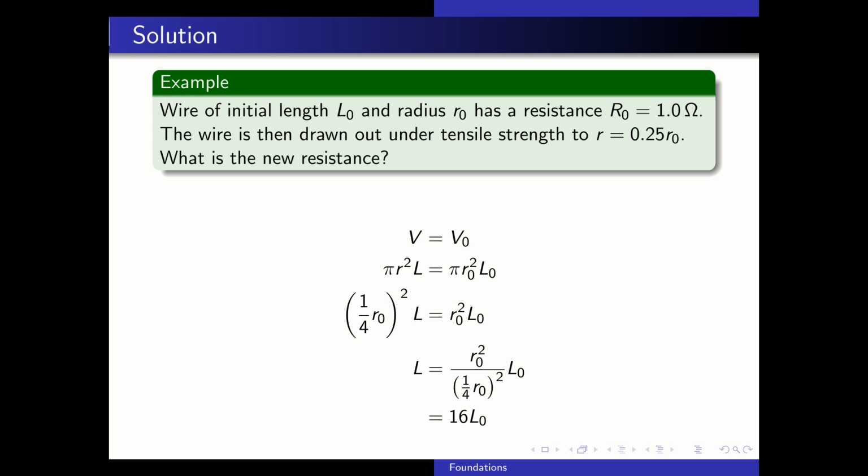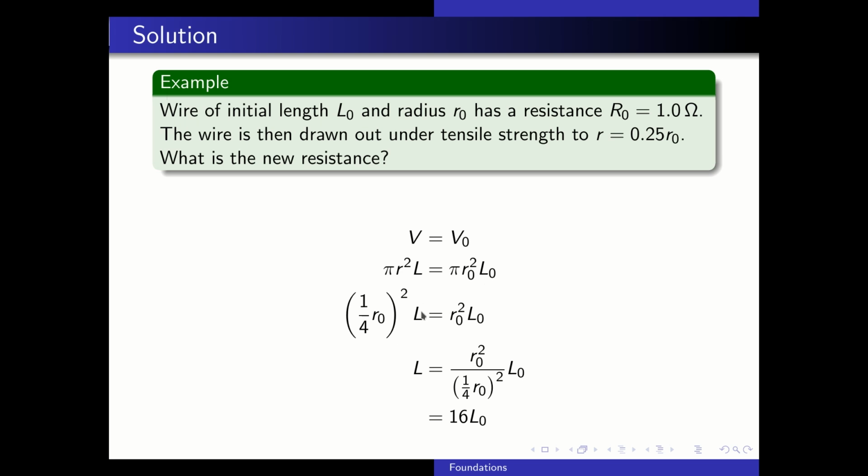All right, so here's what I got. I know that these two volumes are equal, and I know that the wire is effectively a very long cylinder. It has a cross-sectional area that looks like pi r squared, and it has a length L. Originally, it had a cross-sectional area that looked like pi r naught squared and a length L naught.